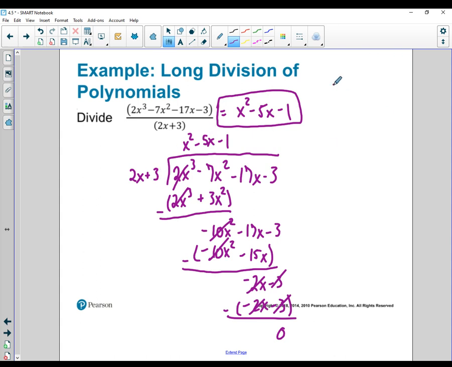So if we have x squared minus 5x minus 1 times 2x plus 3, if that's the same thing as what's on top here, and then we divide that by 2x plus 3, well then what's left over? Those cancel, and x squared minus 5x minus 1 is left over.